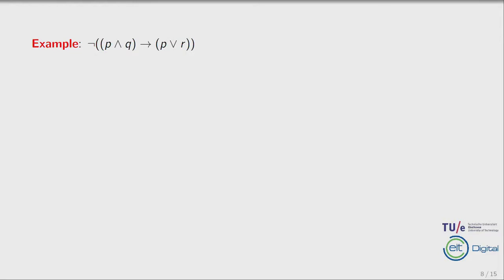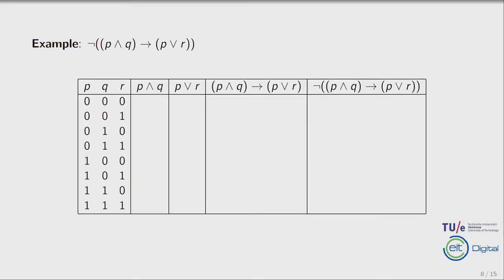Let's give an example. Here we take a quite arbitrary formula and let's build the truth table of it. So we put the letters occurring in it and all combinations of zeros and ones that are possible. For n variables there are 2 to the power n rows in this truth table.